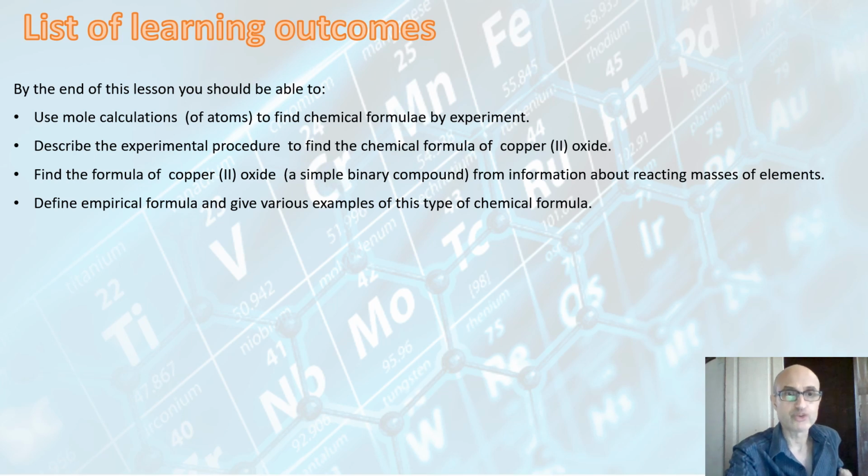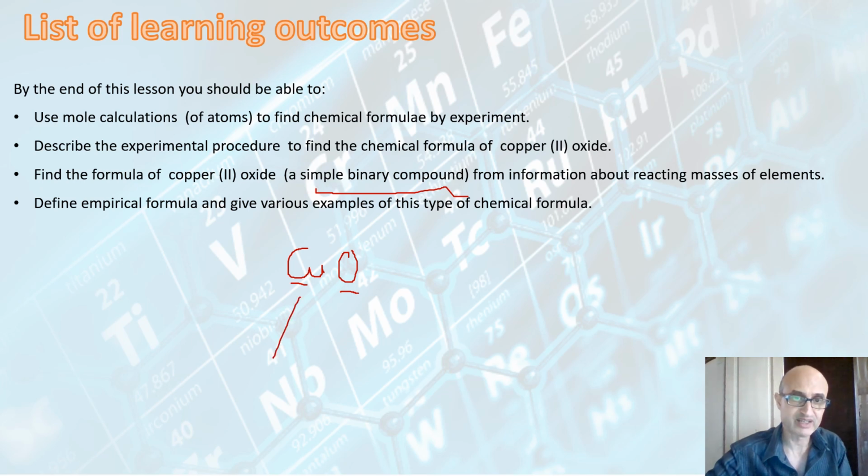Next, so we shall be finding the formula of copper 2 oxide. Notice that at ordinary level we are only interested in simple binary compounds. A simple binary compound is one such as copper 2 oxide. We call it a simple binary compound because it contains only two elements. Okay, we have the cation, which is the copper ion, and we have the oxide anion.